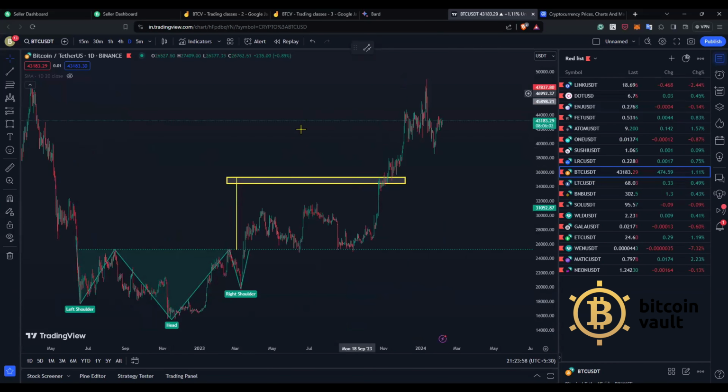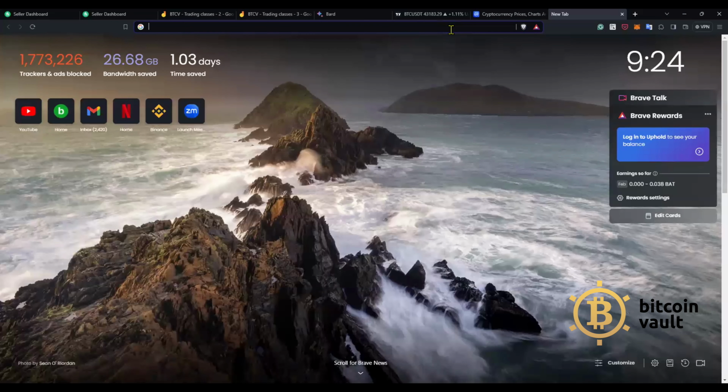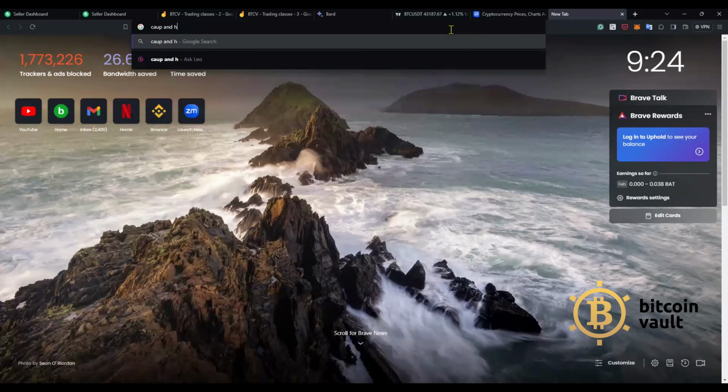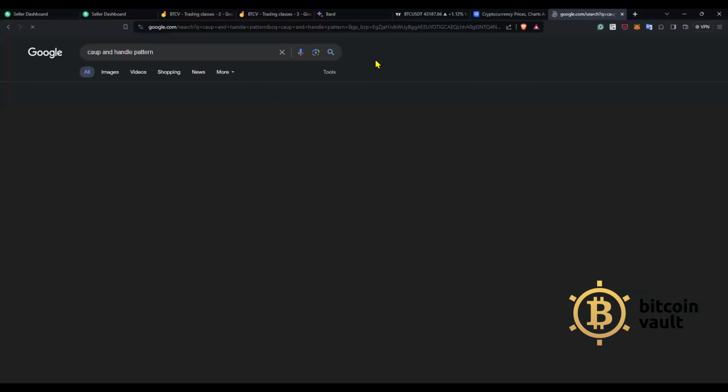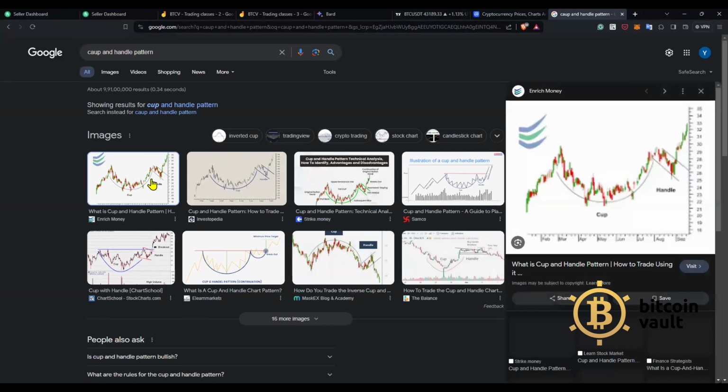Okay. Cup and handle pattern, I have never used it. But if you want to look at it first, let's say, I have to Google it because this is something we call cup and handle.